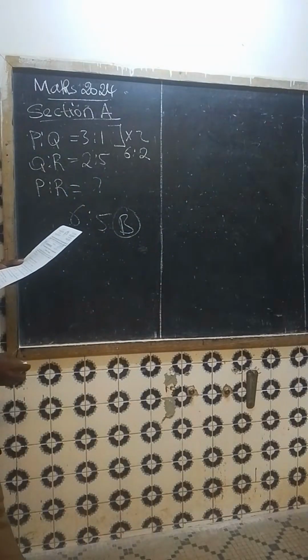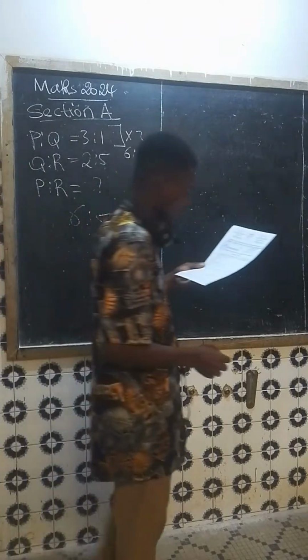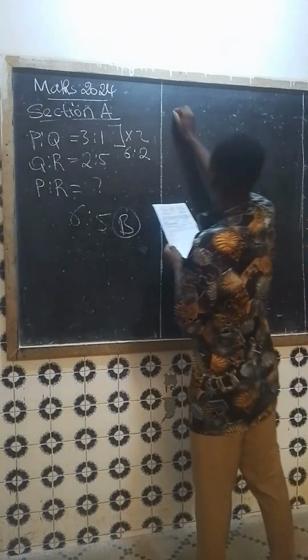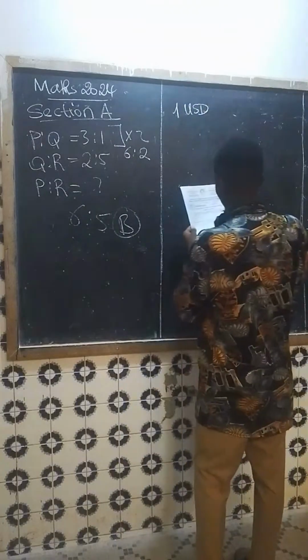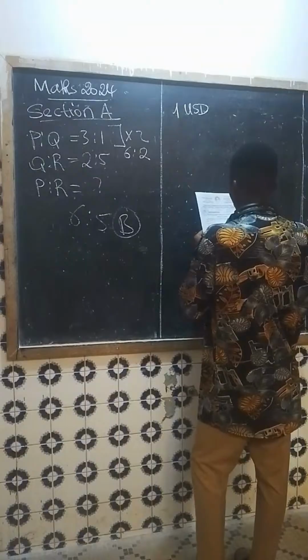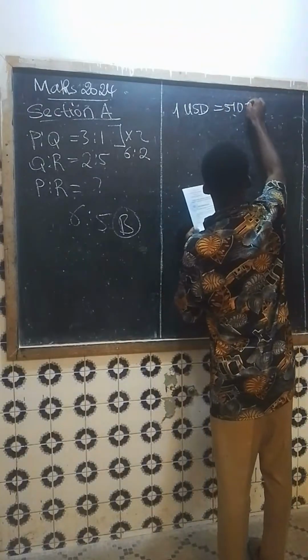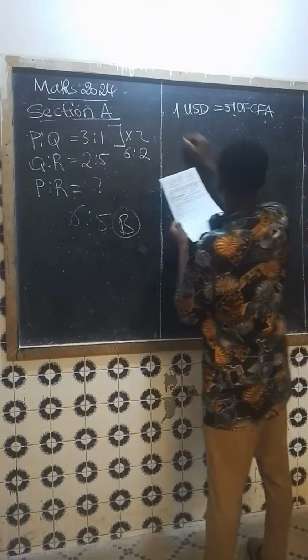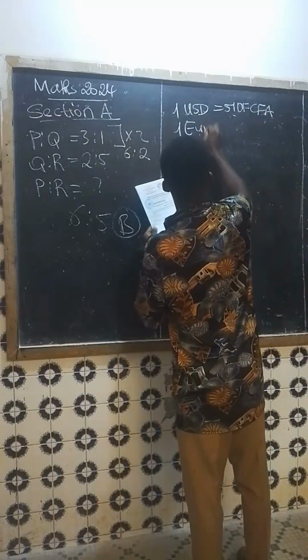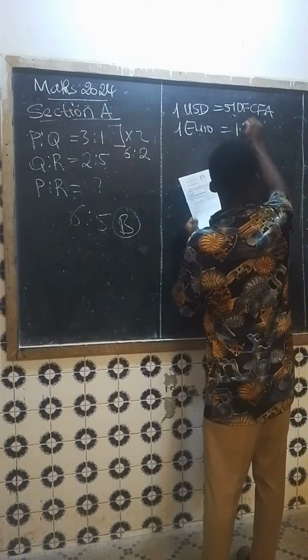Now the next question. At a certain period, the exchange rate was $1 is equal to 510 francs CFA, and €1 is equal to $1.75.